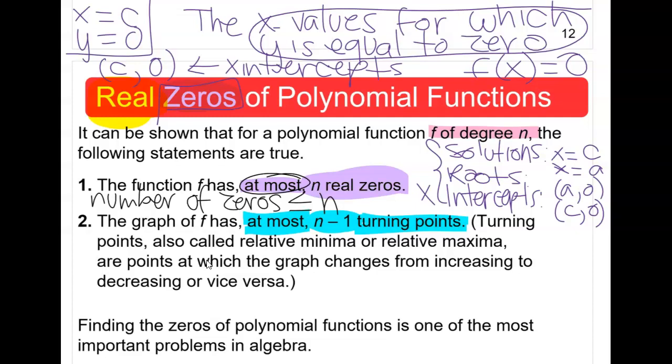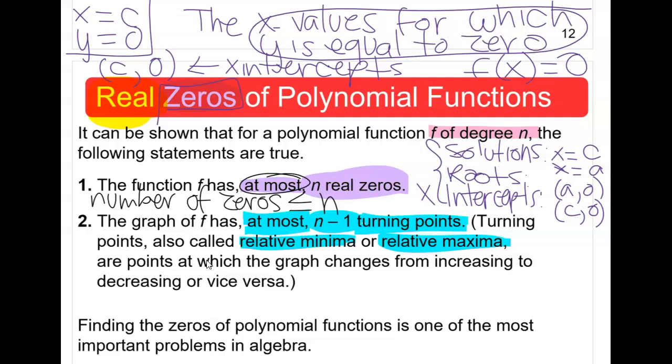And we could call them relative maxima. We could call them relative minima. And we could call them absolute minimum or absolute maximum if it was a closed interval function, like not with a domain that goes from negative infinity to positive infinity, or perhaps the parabola.